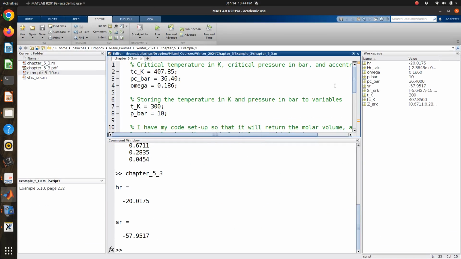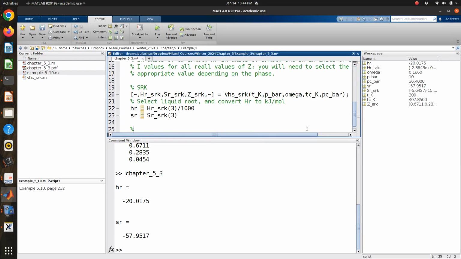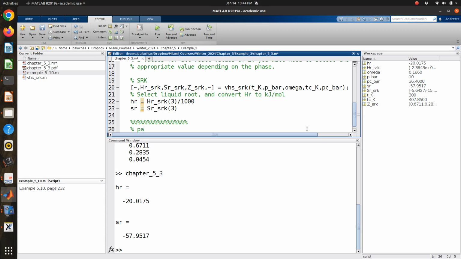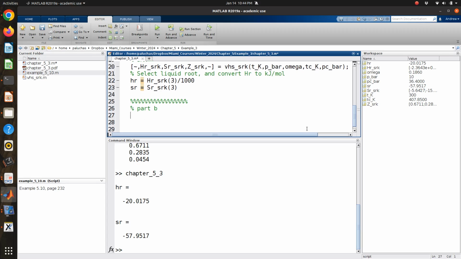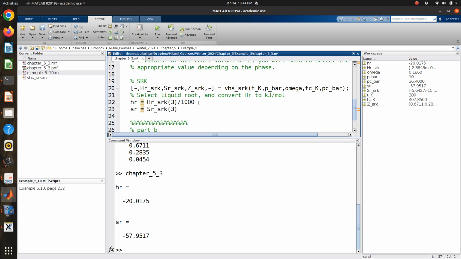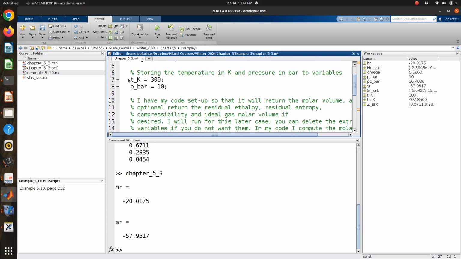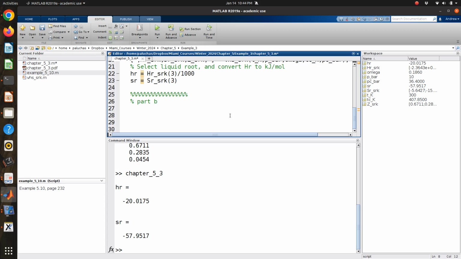So going back over to my MATLAB code. This is part B now. For part B, I'm going to start by copying this code because I need my reference value. So let's get the residual part first.